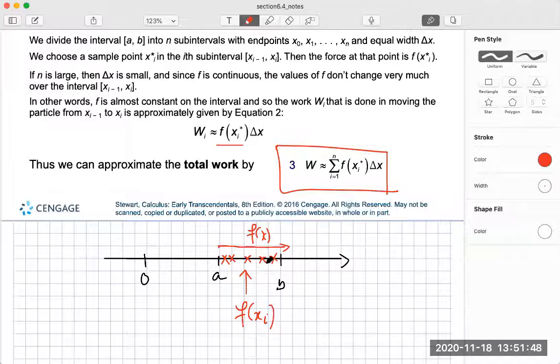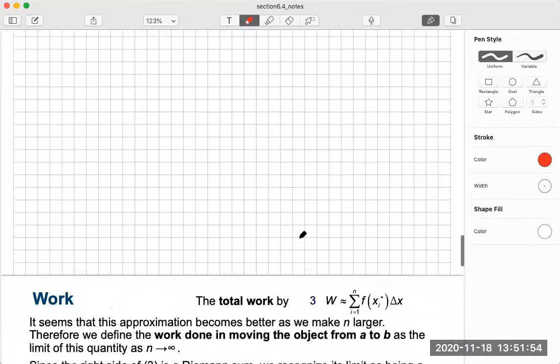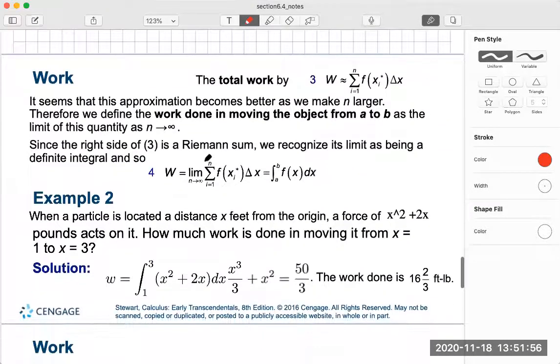So the same idea remains: a sum. The work done by the force from a to b is given by this formula, that is, the integral from a to b.